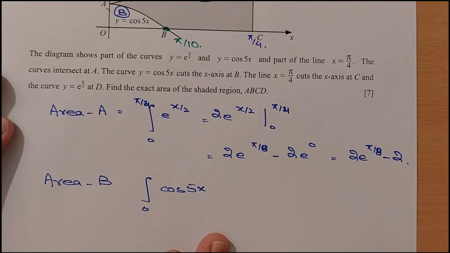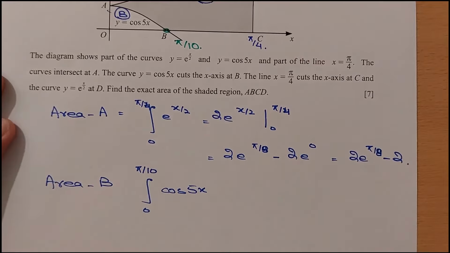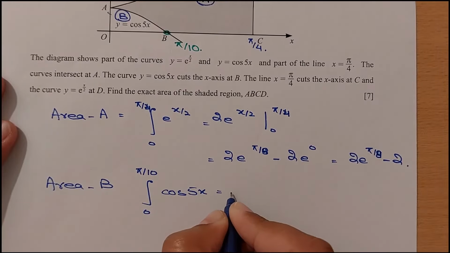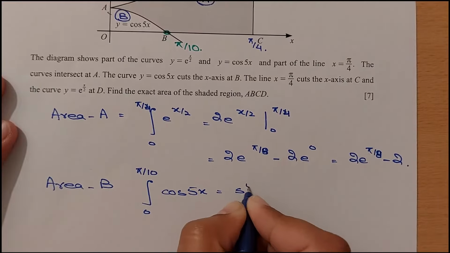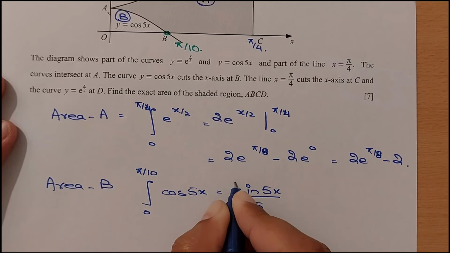So we have to do the integration from 0 to pi by 10. The integral of cos 5x is sine 5x divided by 5.